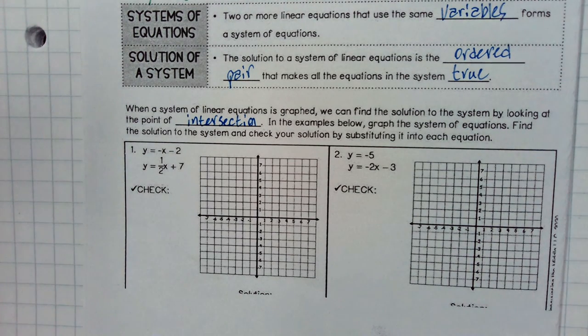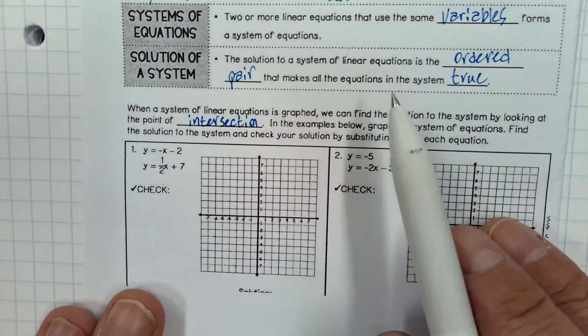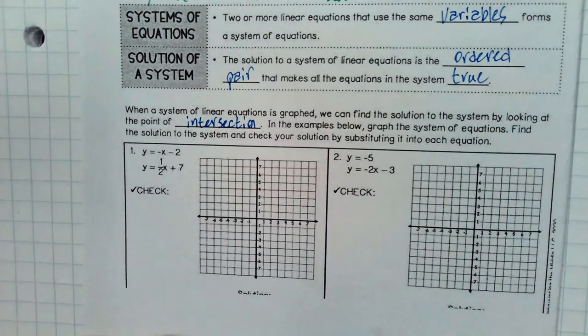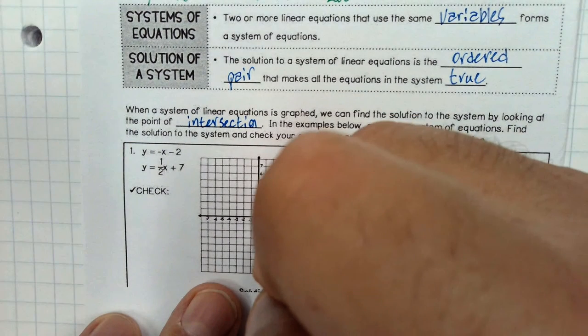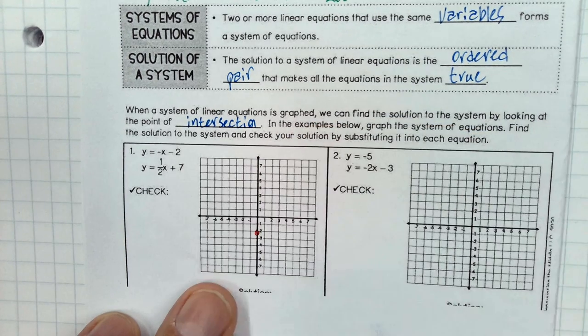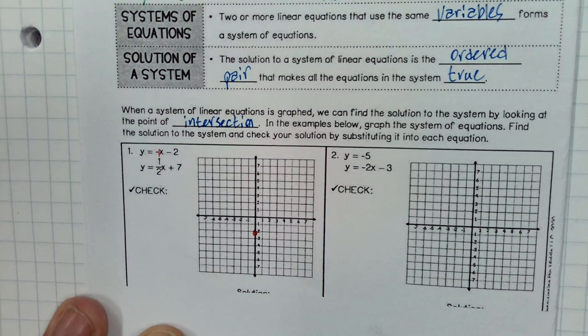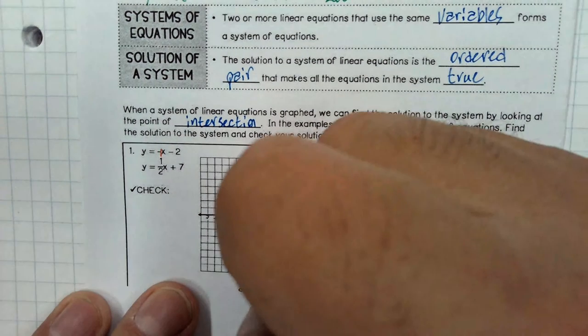So let's start with this first equation. What's my y-intercept point? -2. So at -2, I put a point. And then my slope is -1, right? So that would be -1 over +1 as a slope.